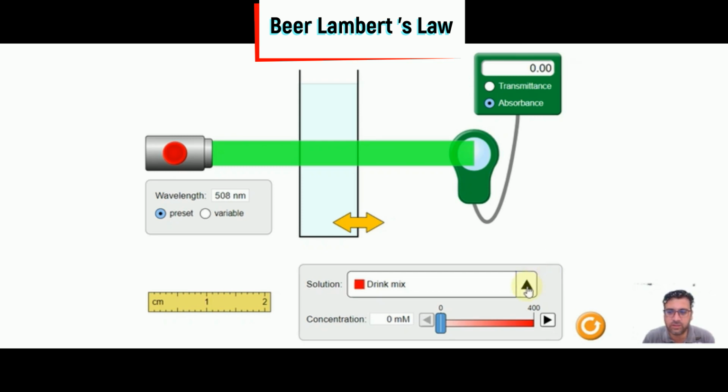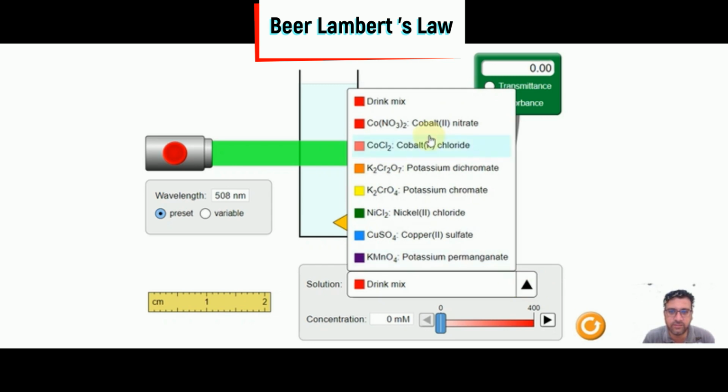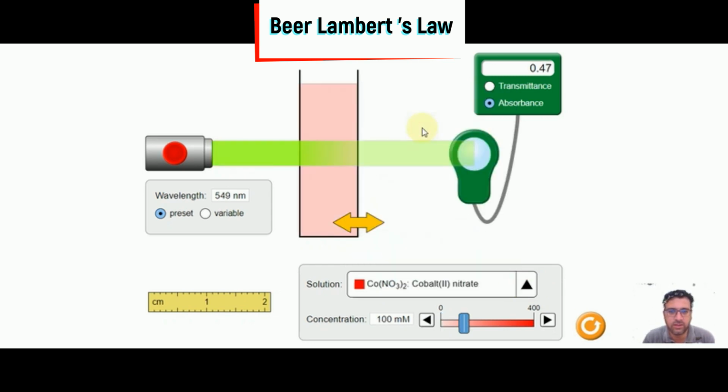Let me discuss another example. For example, cobalt. Here the preset wavelength is 549 nanometer, concentration 100 millimolar, absorbance 0.47. As we decrease the concentration, absorbance decreases. For the blank solution, absorbance is 0.